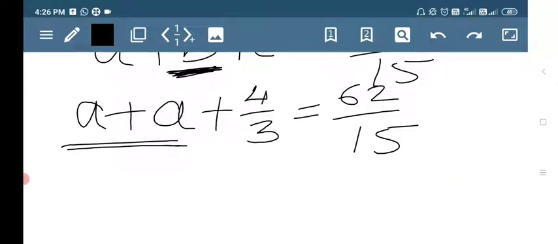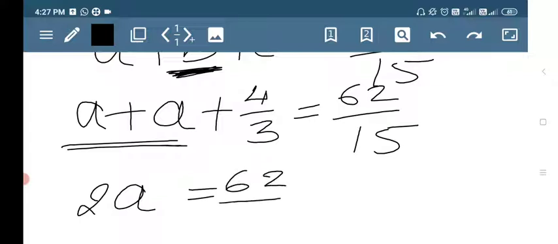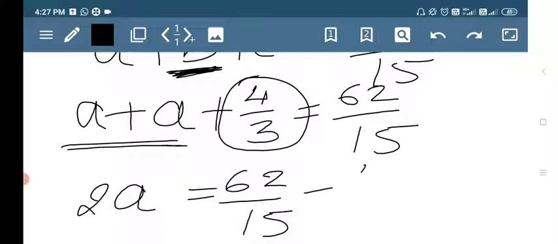A plus A, 2A, is equal to 62 by 15. If you send this plus 4 by 3 to the RHS, it becomes minus 4 by 3.